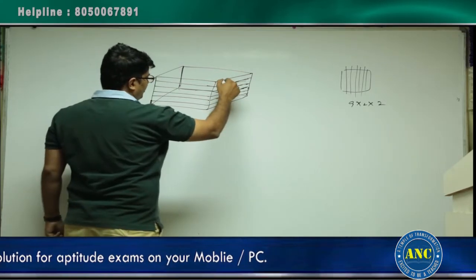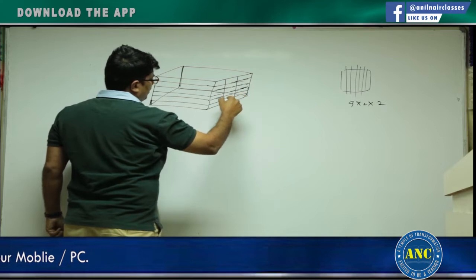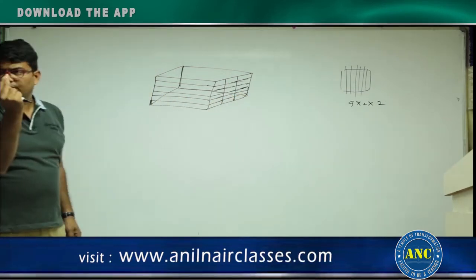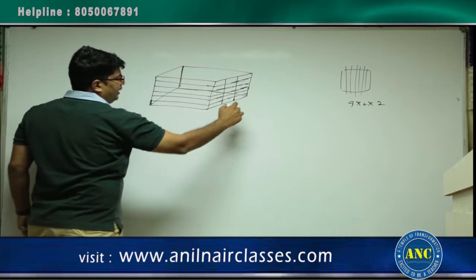This side, let me take only 3 in breadth, but imagine the shape to be cubes only. So this is 1, 2, 3.